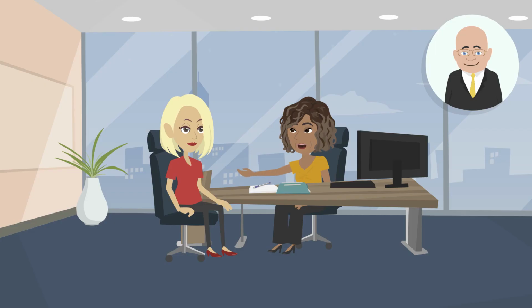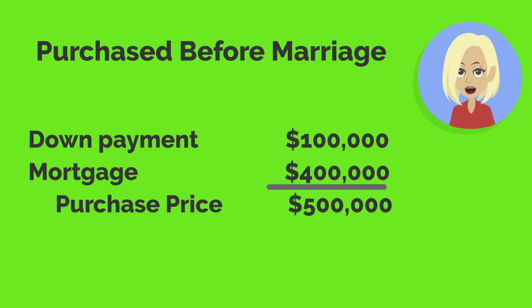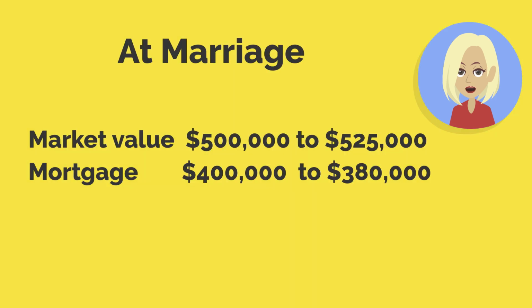Let's proceed with the numbers at date of purchase and on the date of marriage. I bought my home before marriage for $500,000 with a down payment of $100,000. Herbert moved in when we got married, but I made all of the mortgage payments before marriage. When we got married, the market value had increased by $25,000, so my home was worth $525,000.